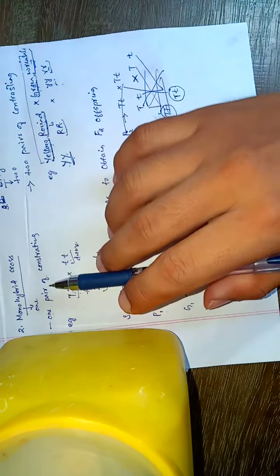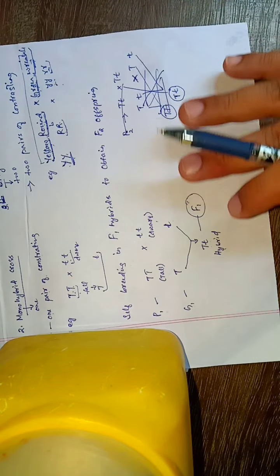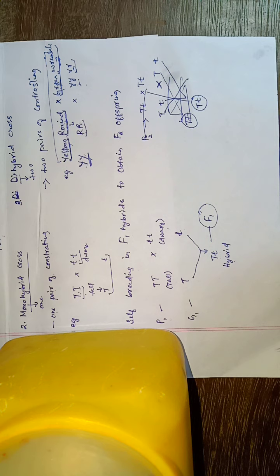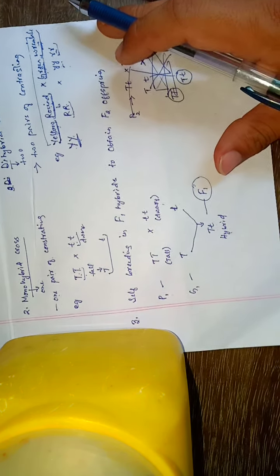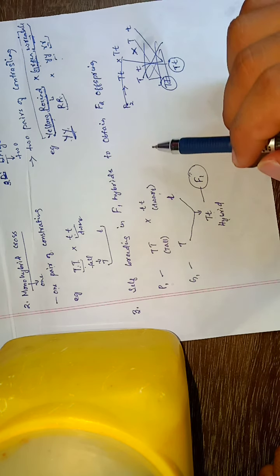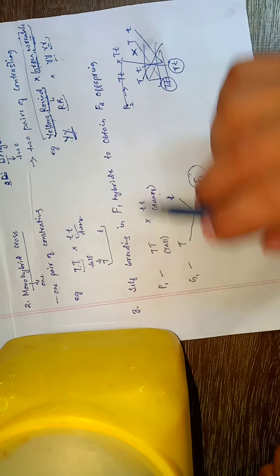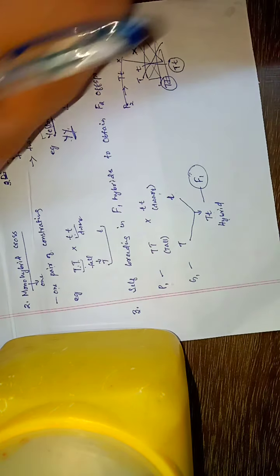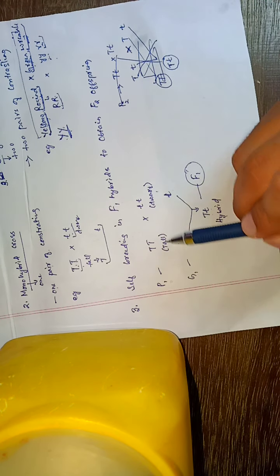We will be discussing this mono and dihybrid cross extensively in the next topic again. Now the third step is the self-breeding of the F1 hybrid to obtain F2 offspring. Self-breeding means breeding among the offspring of the F1 generation. Let's say the parents are tall and dwarf.